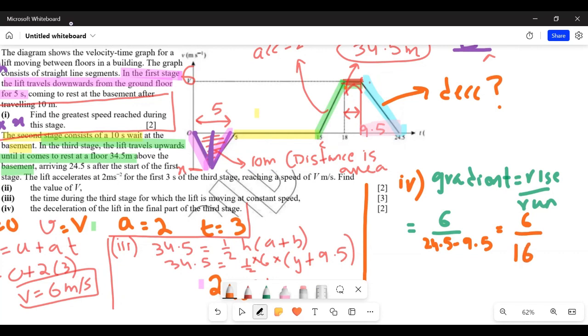So find this out. Sorry, it's 15, not 16. So 6 over 15 is 0.4, which is not the answer, which galat kiya. That's not 9.5. मैंने 9.5 कहाँ से लिख दिया? I don't know where that 9.5 came from.